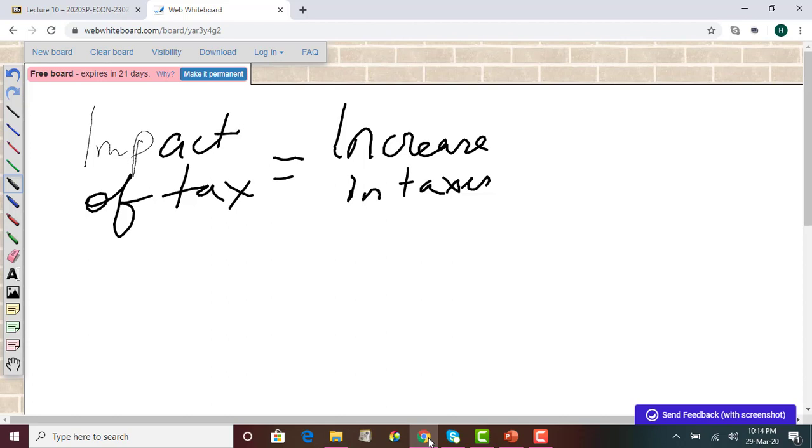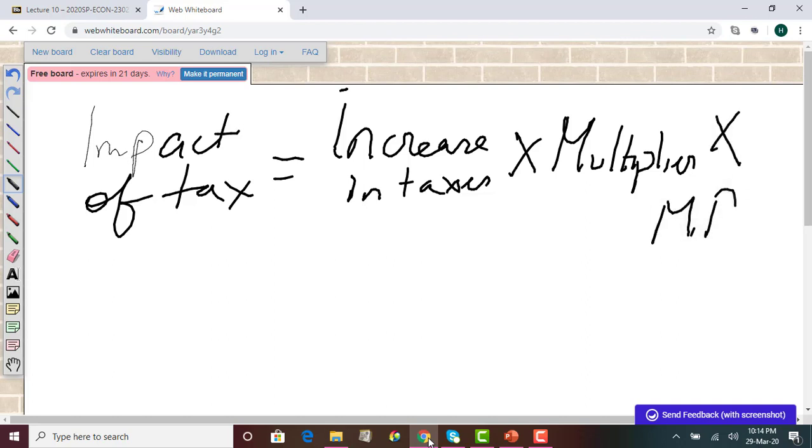That is your increase, times your multiplier. It's the same multiplier that we calculate to find out the impact of government expenditure, times your MPC, marginal propensity to consume. Now look at this, it's MPC, not MPS. So this is a big difference in this formula that you have to remember.